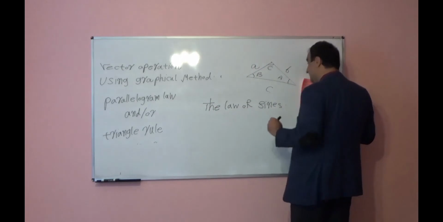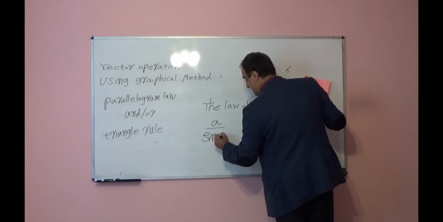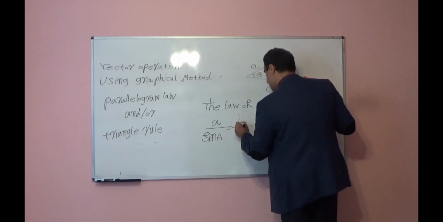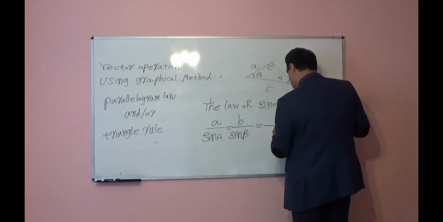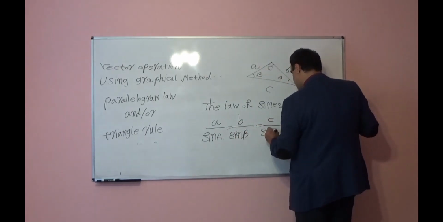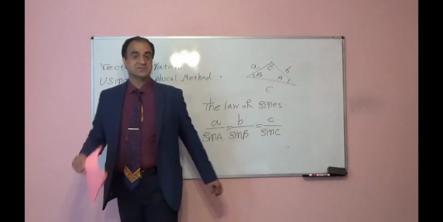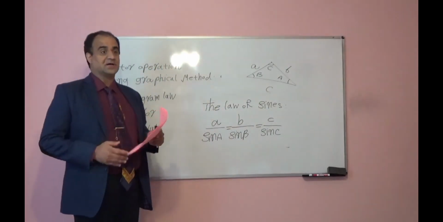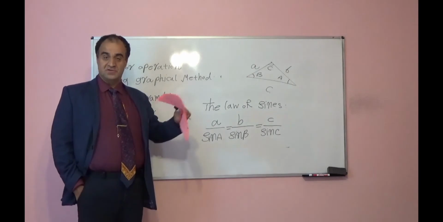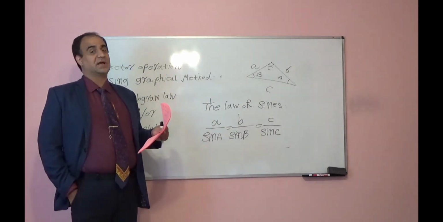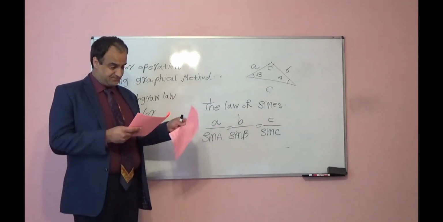In one triangle we know a divided by sine A is equal to b divided by sine B, which is equal to c divided by sine C. You should know the law of sines and law of cosines in one triangle, because whenever we want to find the resultant force for a force system using the triangle rule or parallelogram law, you will need to know this.